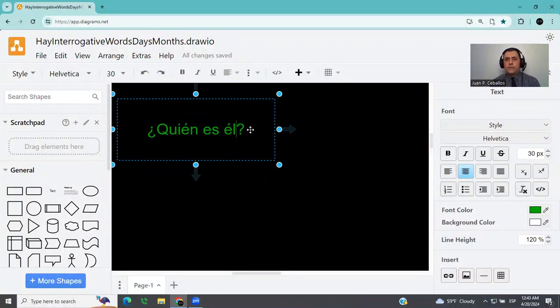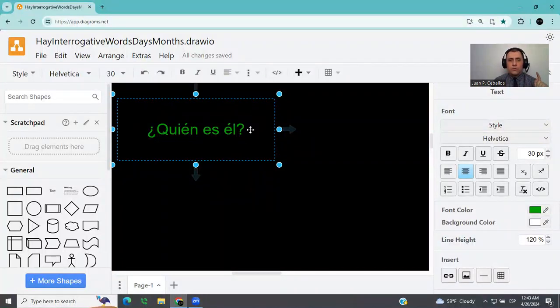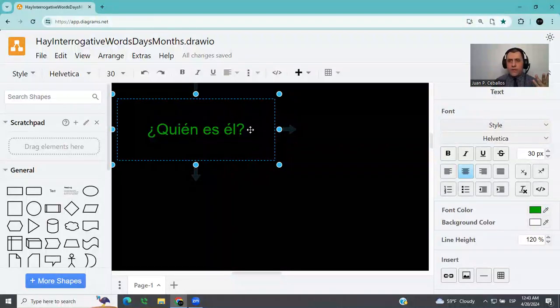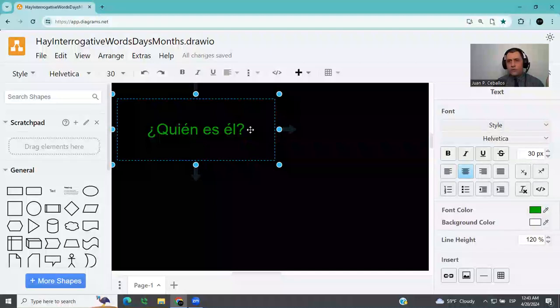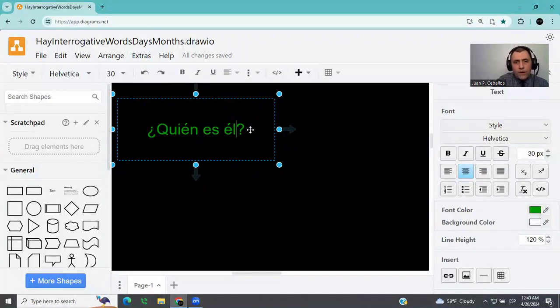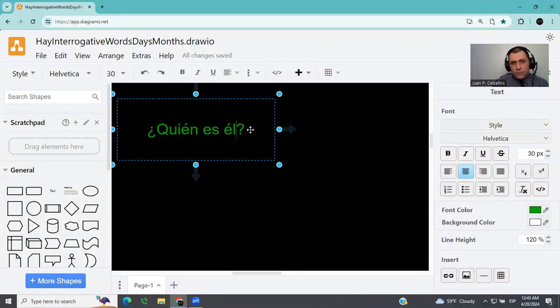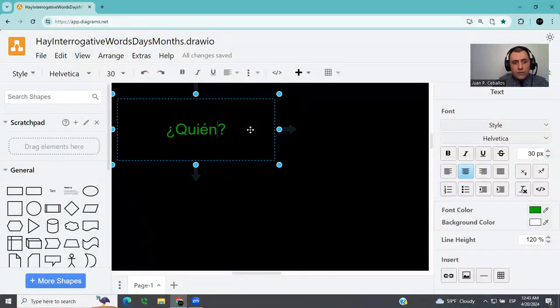In Spanish, everything is connected. So ¿quién es él is who is he, which is the same in English. He is third person singular, and everything has to agree. Now, if I say who are they, that's third person plural, and the verb has to conjugate accordingly. ¿Quiénes son ellos?